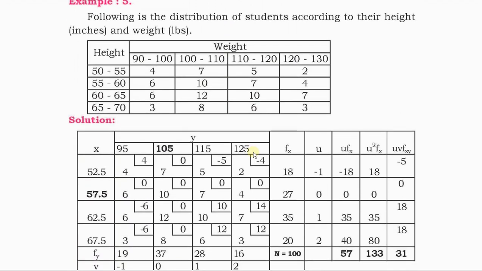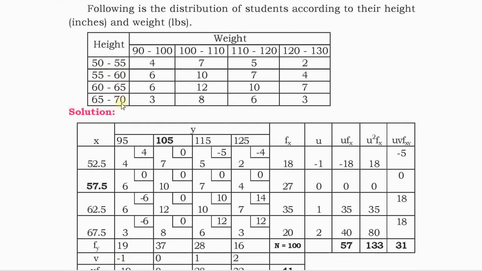Now since there are intervals here, we take the midpoints of those intervals. So 52.5, 57.5, 62.5 and 67.5. Similarly here 90 to 100, 95, 100 to 110, 105, 110 to 120, 115 and 120 to 130, 125.